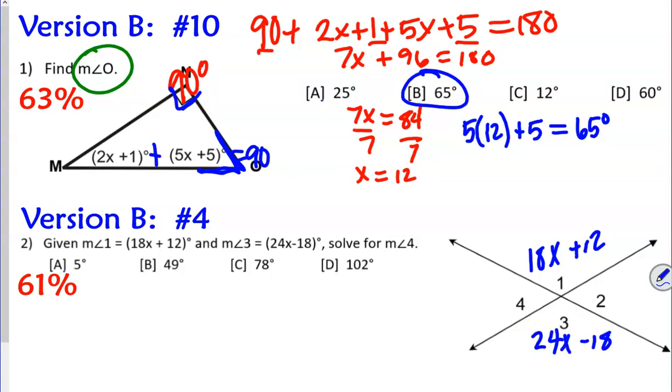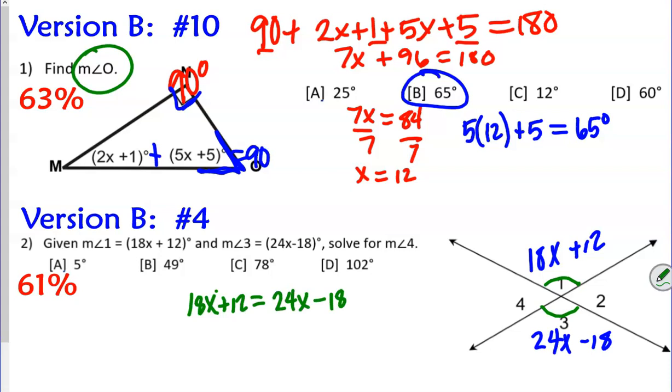So hopefully you can see that these are vertical angles. They are congruent, right? They're opposite each other. And if you look at the letter that the top part of this angle makes, it's a V, right? V for vertical.